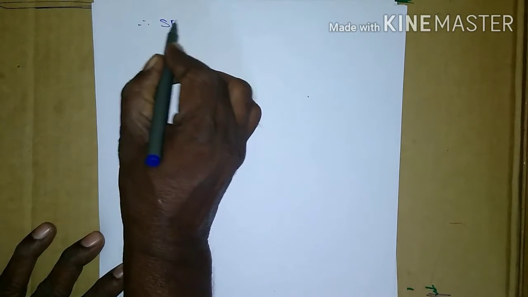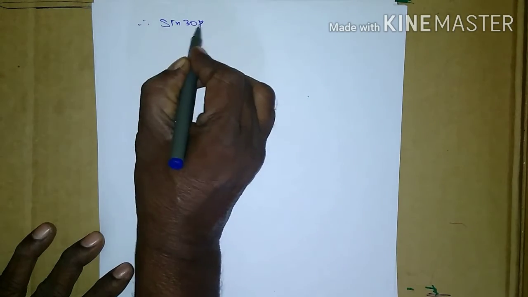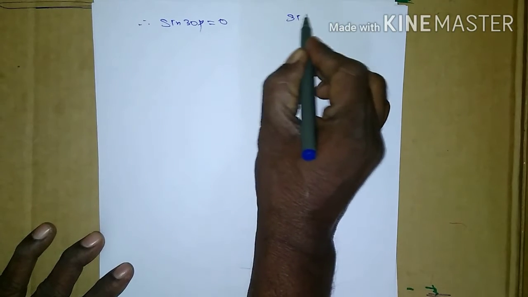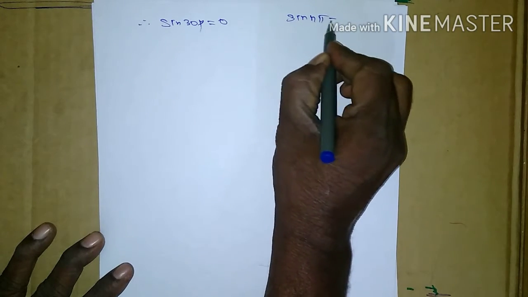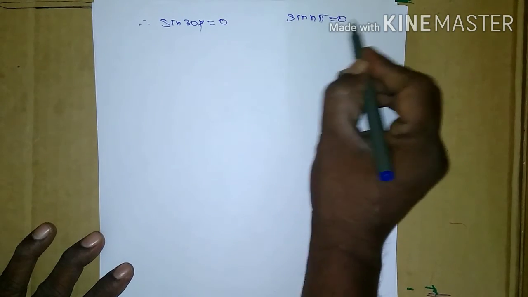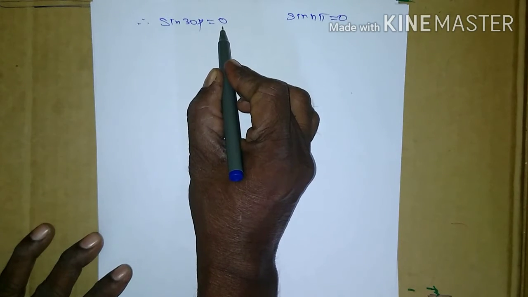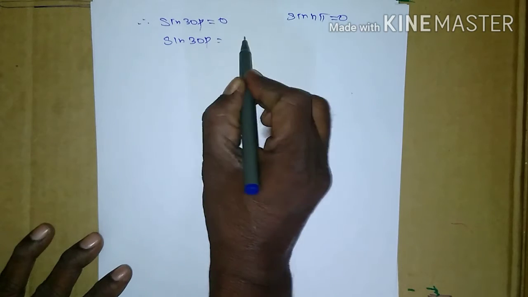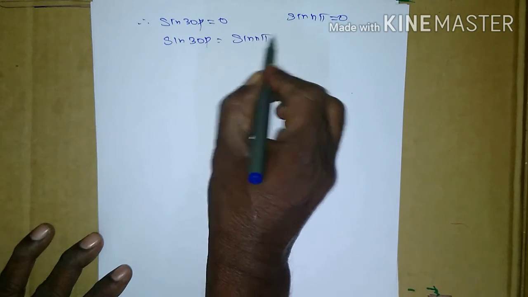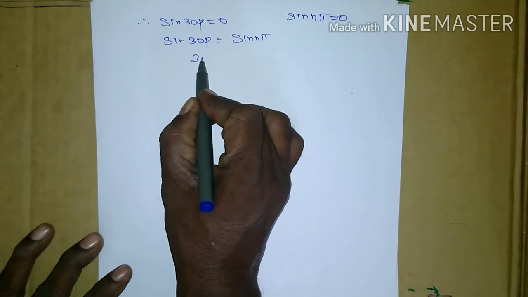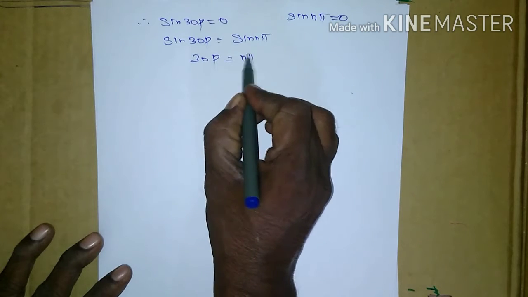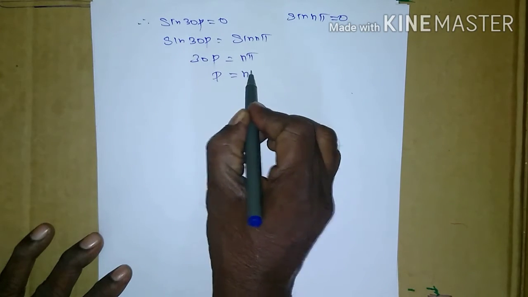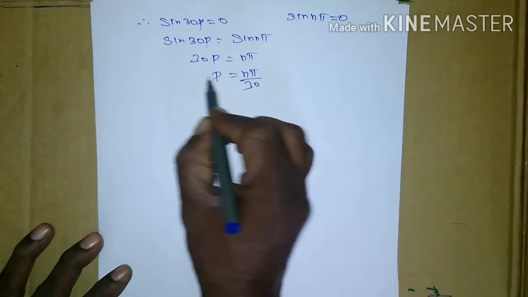Therefore, sin 30p equal to 0. We know that sin n pi equal to 0. Therefore, substituting 0 is equal to sin n pi, sin 30p is equal to sin n pi, cancelling sin, 30p is equal to n pi. Therefore, p equal to n pi by 30.